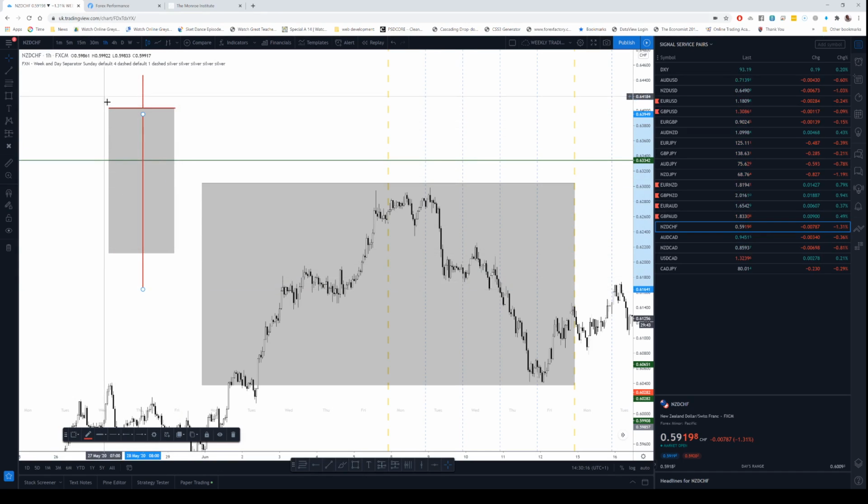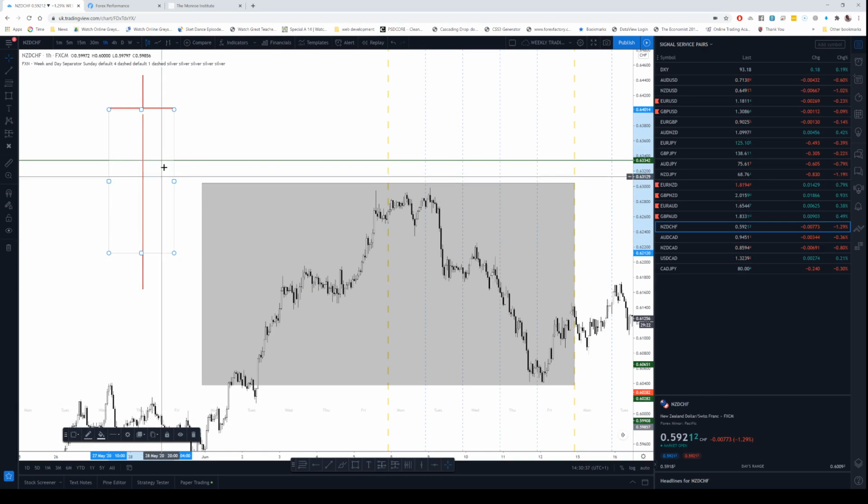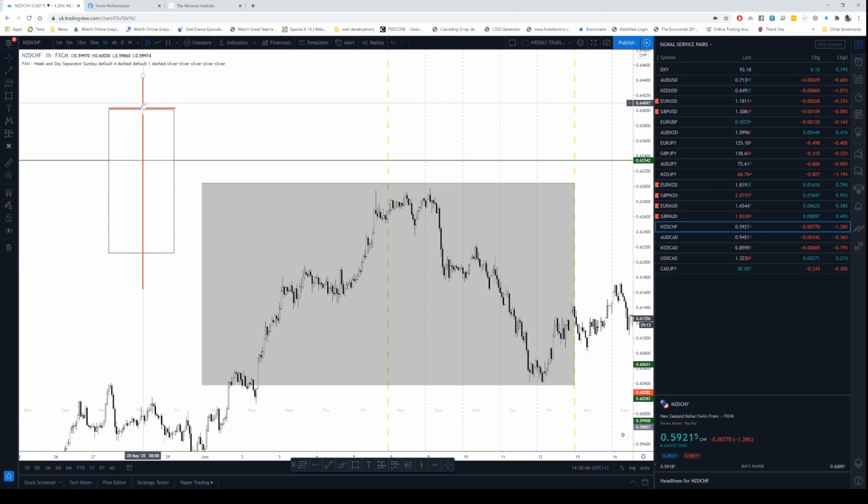Usually it starts with Monday. Monday is either going to go sideways or go up a little bit, and then Tuesday will run Monday's high, reject and come all the way down. Or if it's an up candle, then the opposite is true.